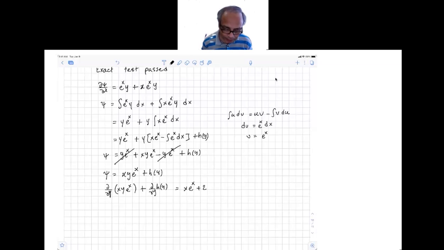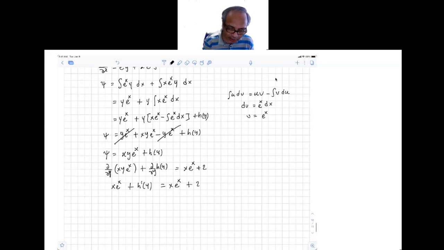Okay, and that's it. Differentiate with respect to y, x e to the x is constant, plus h prime of y equals x e to the x plus 2.